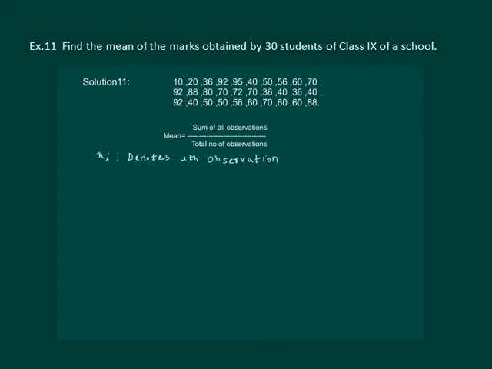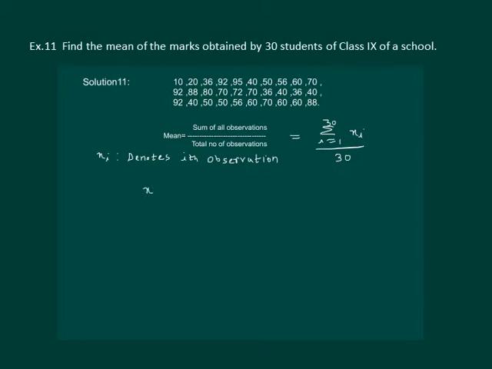Or if xi denotes the ith observation, then mean equals sigma i varying from 1 to 30 xi whole divided by 30. Since we have marks scored by 30 students, i is varying from 1 to 30.